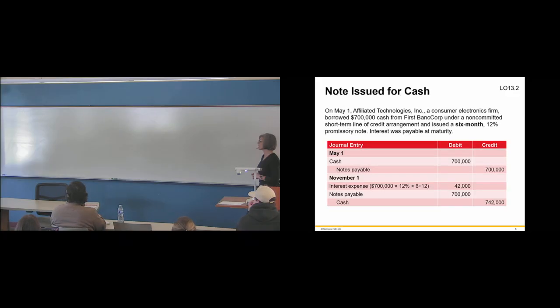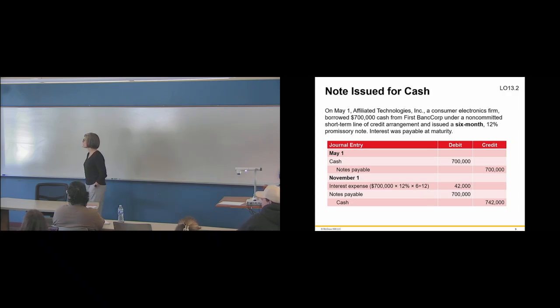All right, so here's an example. On May 1st, Affiliated Technologies, a consumer electronics firm, borrowed $700,000 cash from First Bank Corp under a non-committed short-term line of credit arrangement. So why would a bank be willing to have some kind of arrangement with, let's say, Affiliated Technologies?